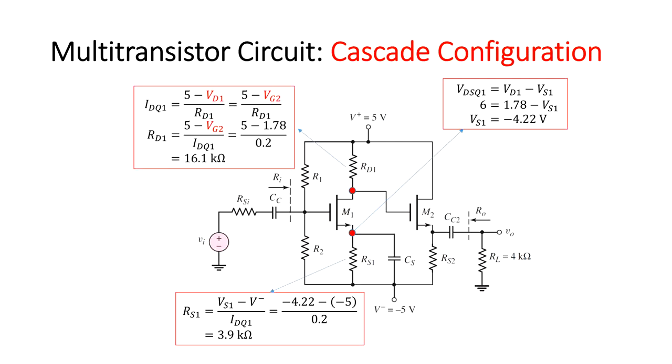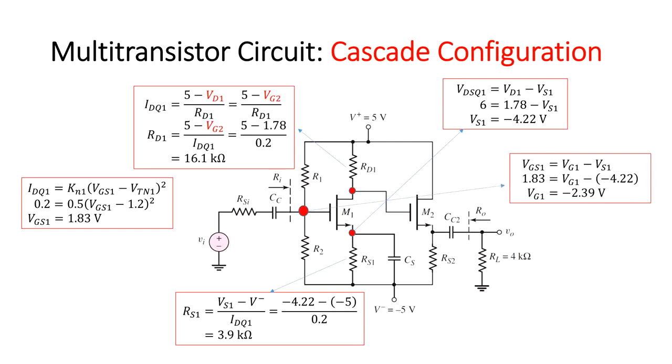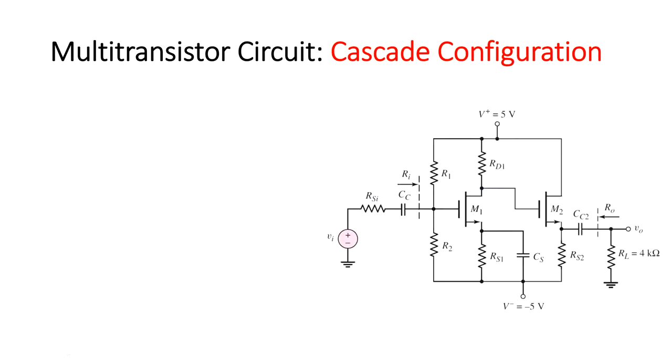By considering the saturation region for M1, its gate to source voltage is calculated. Then the gate voltage is given. The same current flows into the resistor R1 and R2.